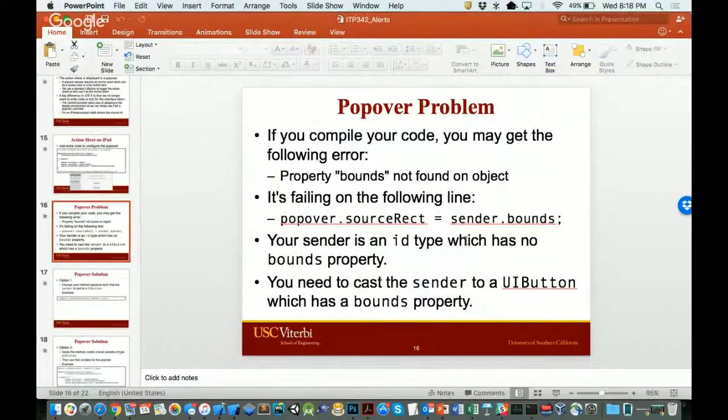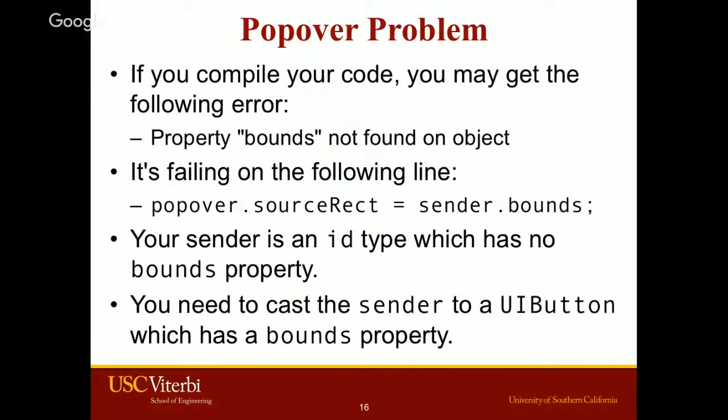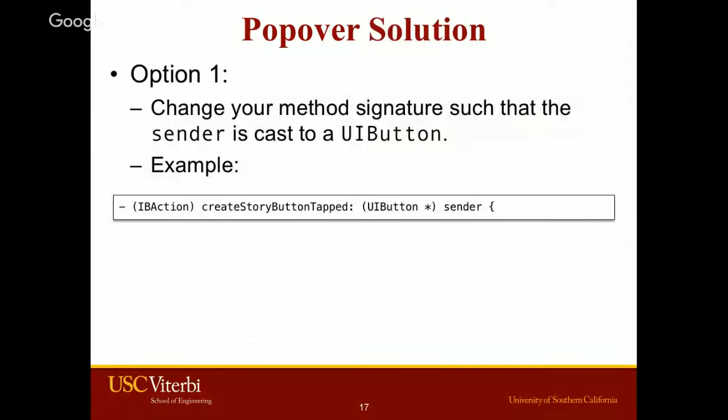Cool. So again, if your sender is of type ID, ID just means it can be any data type. So not every data type has a bounds property. So option one is to do what I did. Have all your actions have an explicit data type for what the sender is, whether it's a button or a switch or a slider. Be very explicit about that.